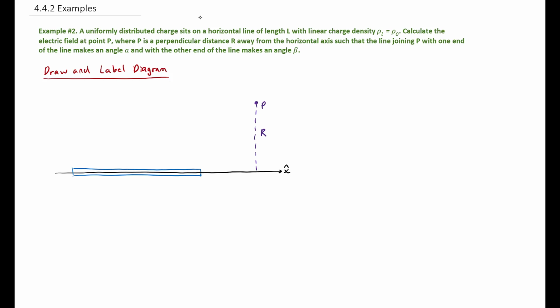We're going to say that there is a starting point and an end point to this line. This creates an angle beta, and this creates an angle alpha.